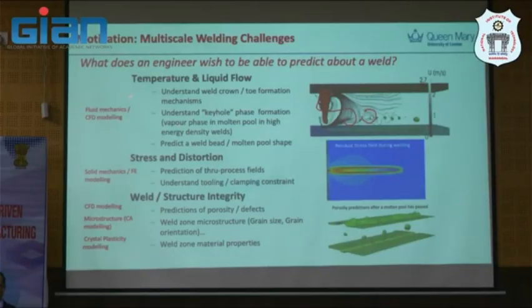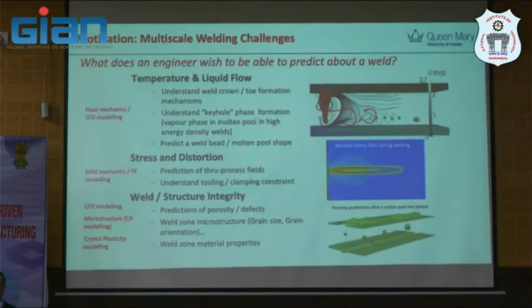So what does an engineer wish to be able to predict on a weld, or AM, which we apply later to AM? In order to do the thermal liquid flow, we use computational fluid dynamics to understand the weld crown and toe formation, the formation mechanism.